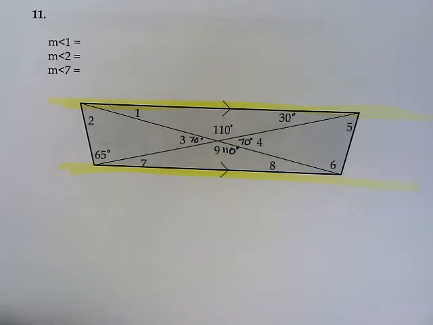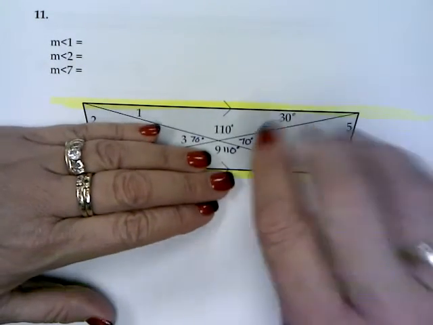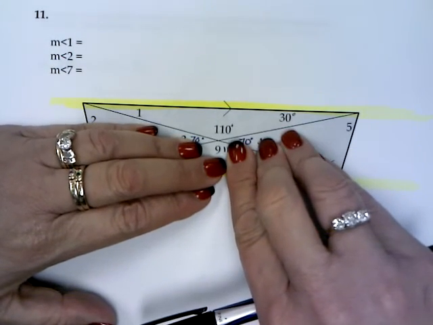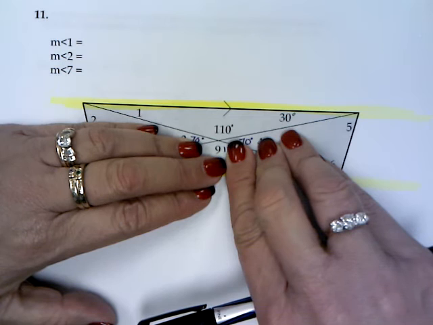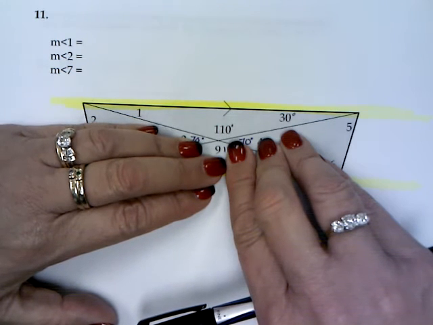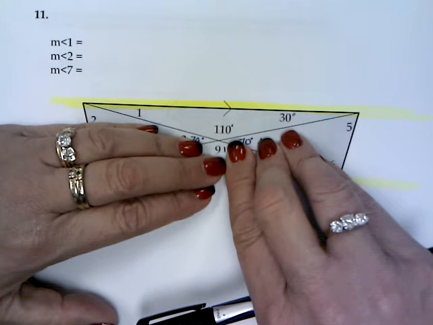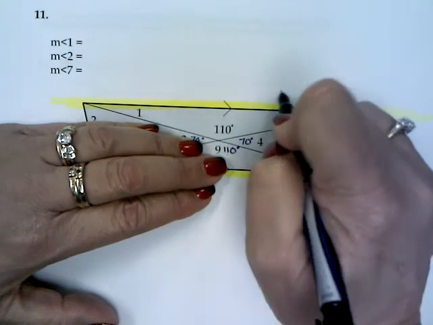All right, so now let's go back. I kind of like my triangle. Up here I've got a triangle. So when I have a triangle, how many degrees do I have? Correct, 180 degrees. So here I know that the measure of angle 1 is going to be 180 minus 110 minus 30.